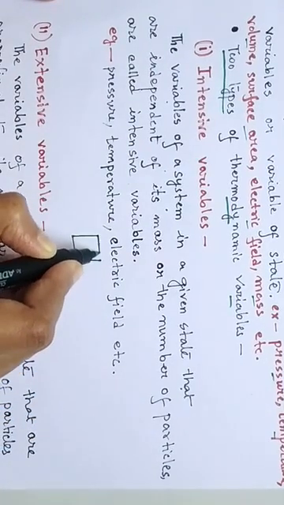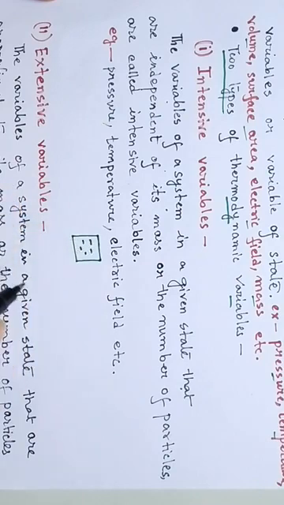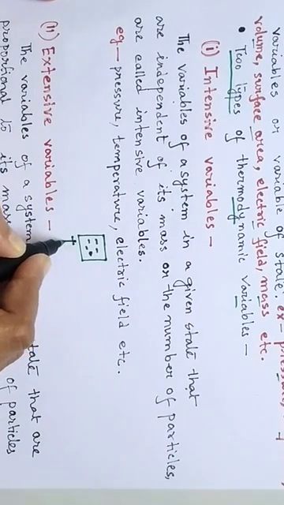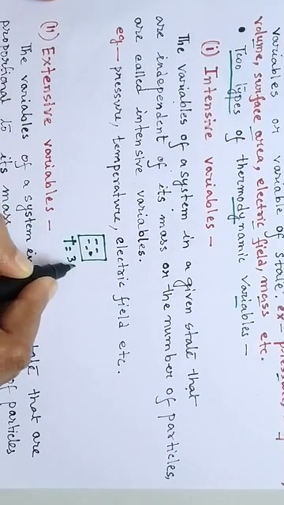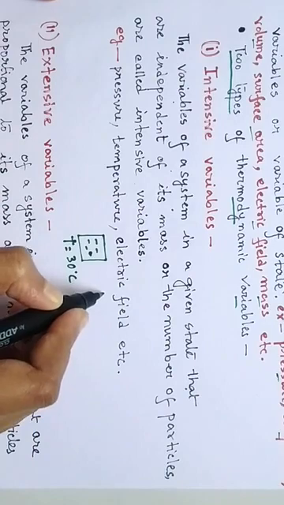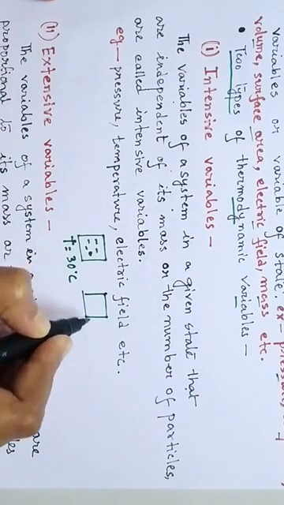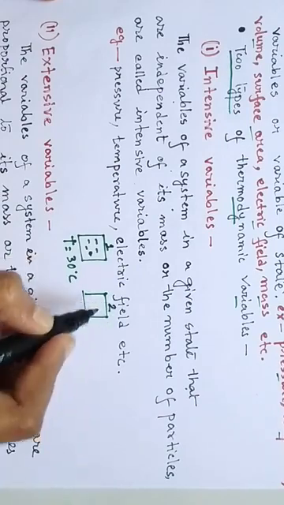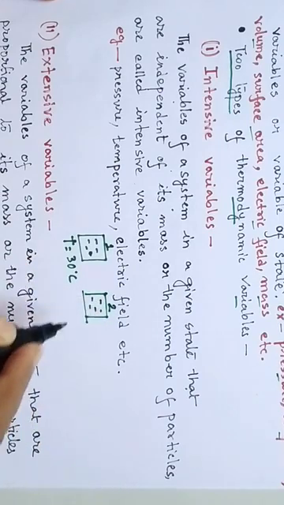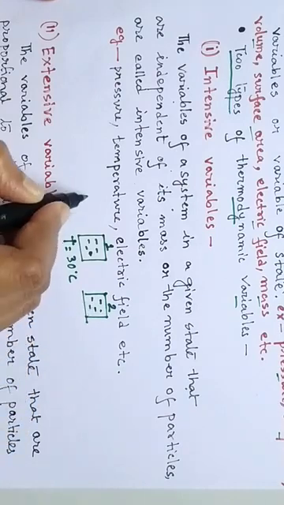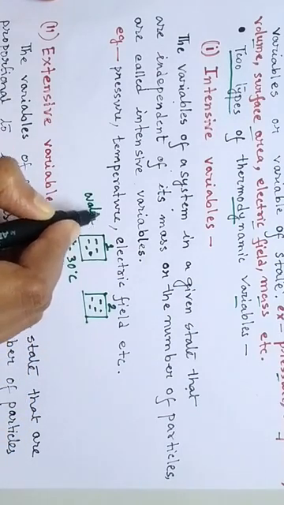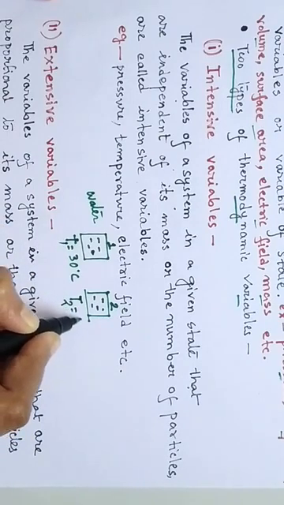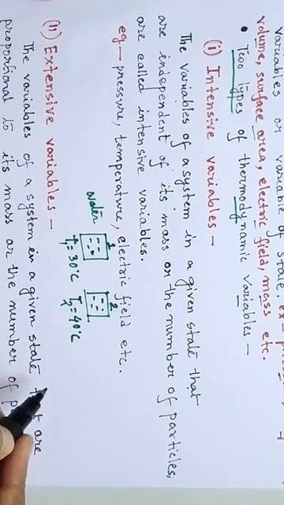One example can be like this. Suppose you have some water in a container and its temperature is 30 degrees centigrade. It will form a system. Then you have another system, another container in which again there is some water, and its temperature is 40 degrees centigrade.